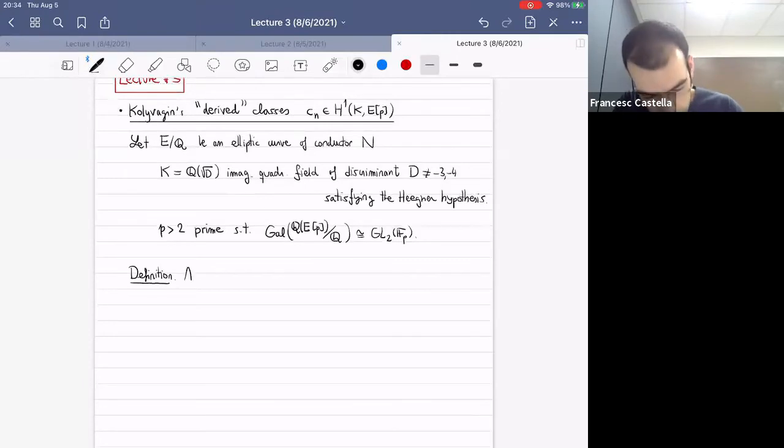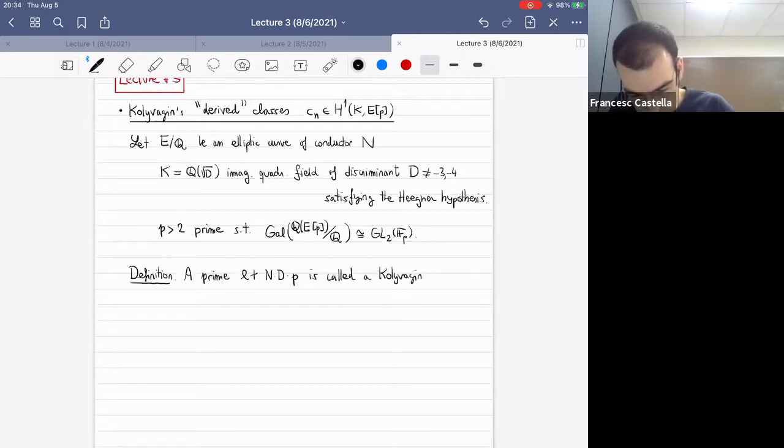Okay, so we're going to say that a prime L, which doesn't divide N, the discriminant, or our fixed prime P, is a Kolyvagin prime if it satisfies the following two conditions.